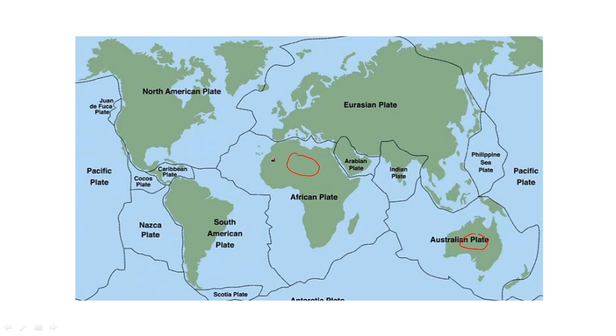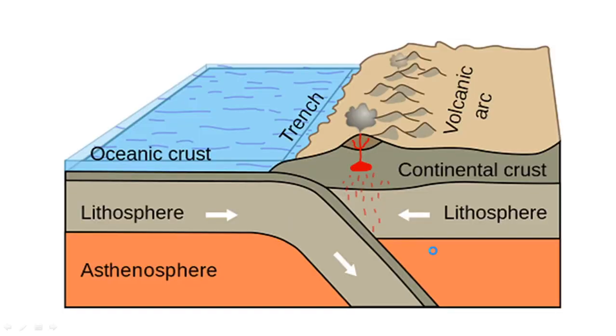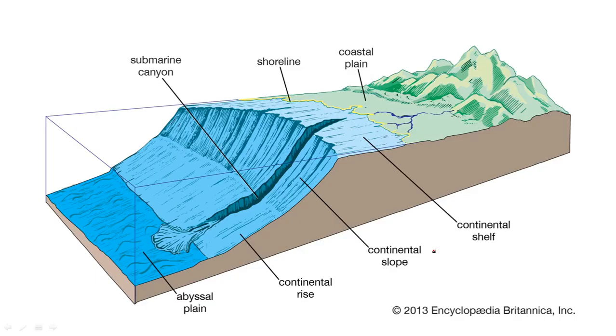Okay, because most of the reliefs are related with the limits between tectonic plates. La mayor parte de los relieves de las montañas se encuentran cerca de los bordes de placa. Luego, en el interior de las placas tectónicas hay pocos relieves, and we call it shields or cratons.